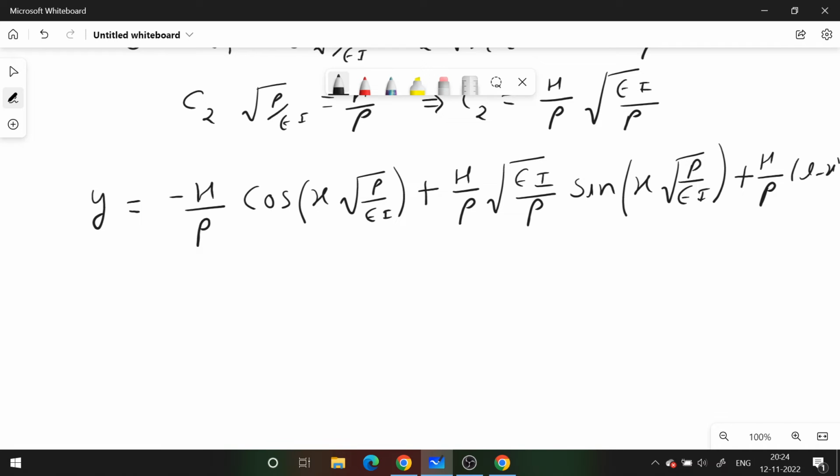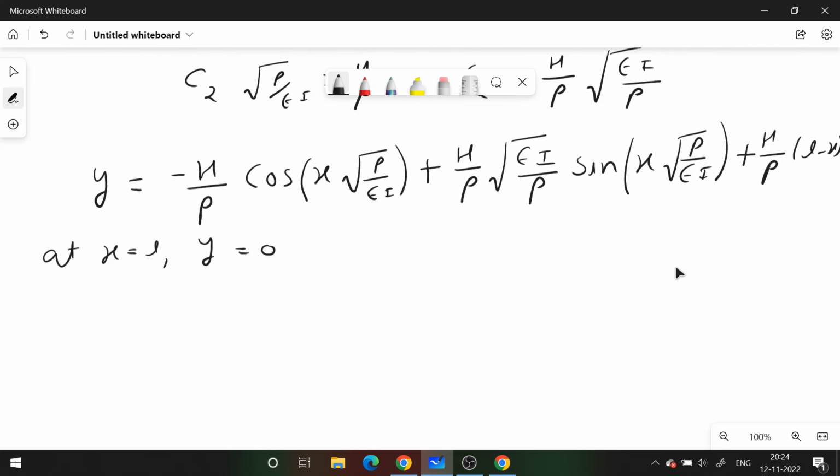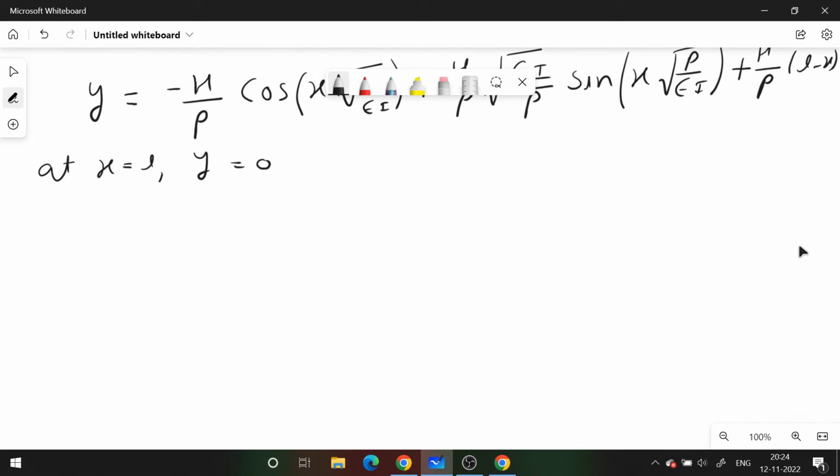At x is equal to L, y is equal to 0 because point A is a pin joint. Putting these values in above equation.